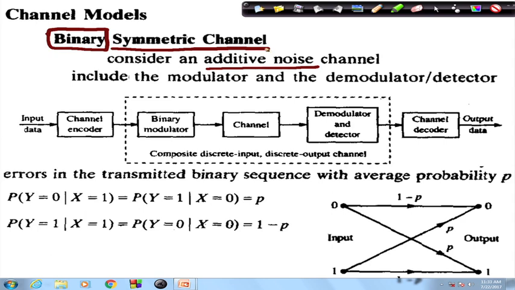So, before we go into the description, let us see how it is built. As it says, it includes the modulator and the demodulator. So, if we remember, in the modulator we had the g of t and we had the Sm of t, right.